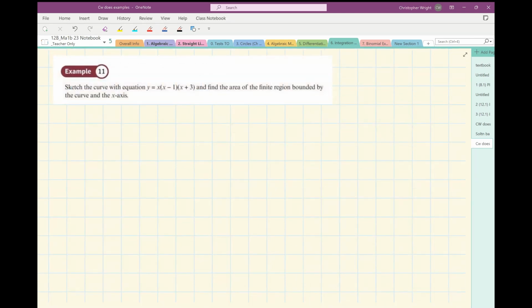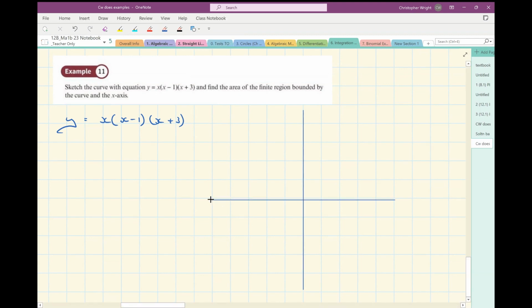Example 11. Right, I'm going to sketch the curve with this equation first of all. So I've got y equals x multiplied by x minus 1, x plus 3. Right, so let's get ourselves a set of axes here. Now this equation has got roots when x equals 0, x equals 1, and x equals minus 3.